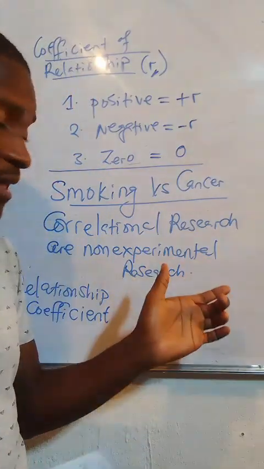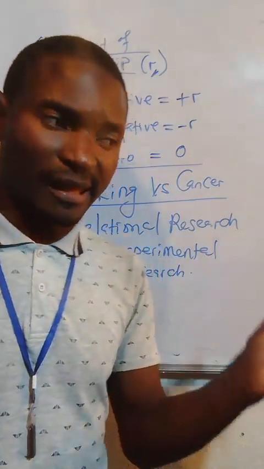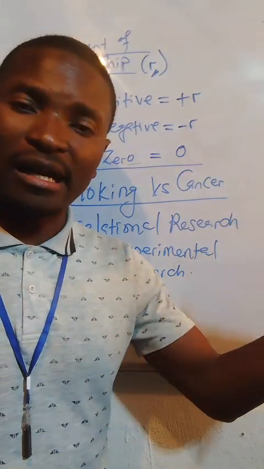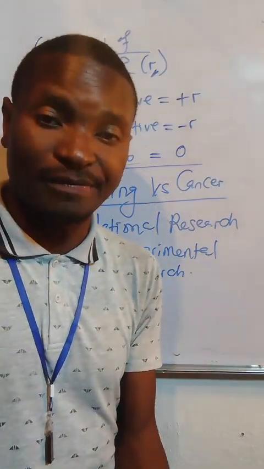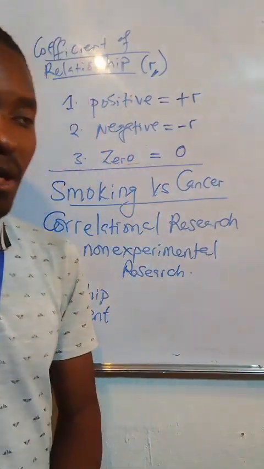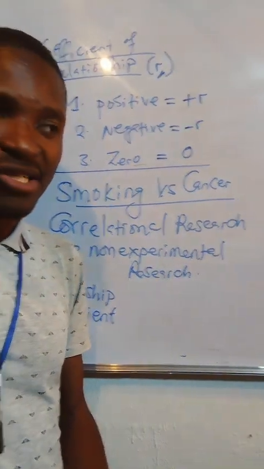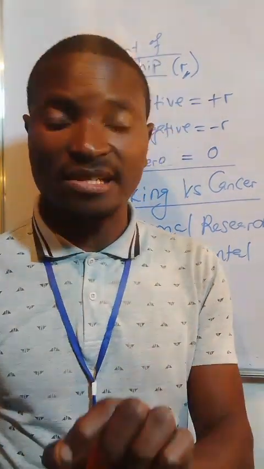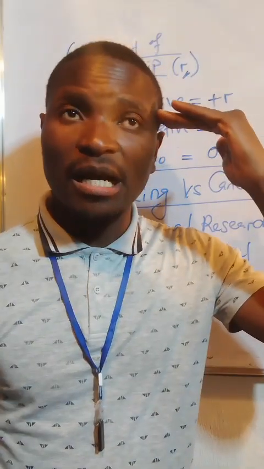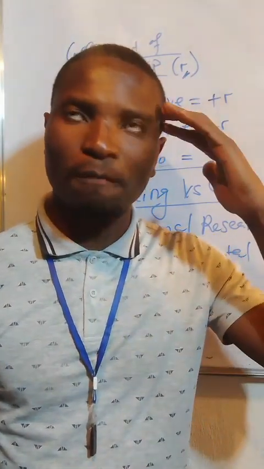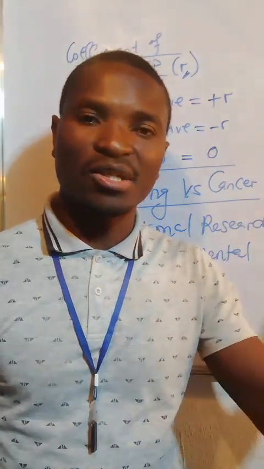So we are just saying that correlational research is good for things that cannot be experimented on, okay? You can't actually do an analysis to understand if somebody has a mental problem with regards to performance.